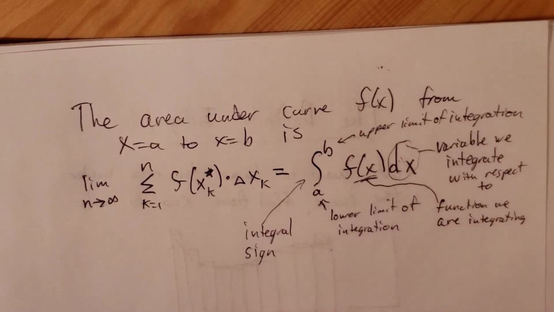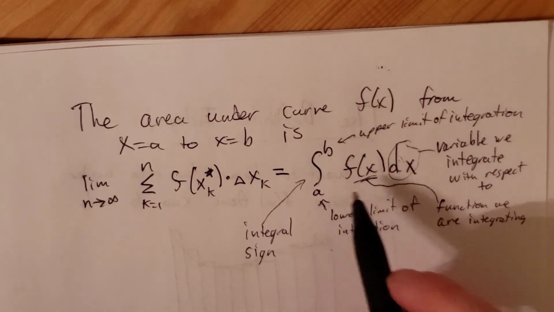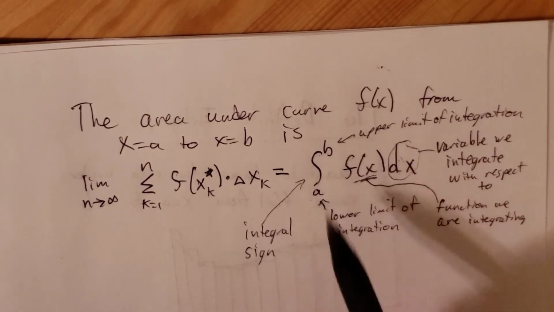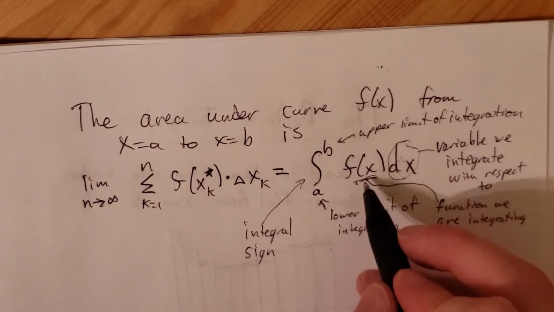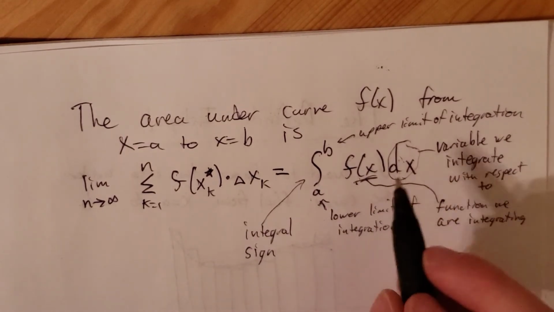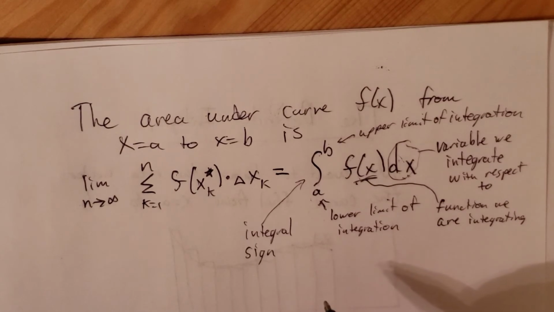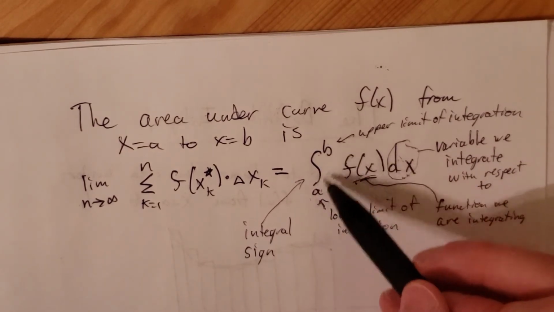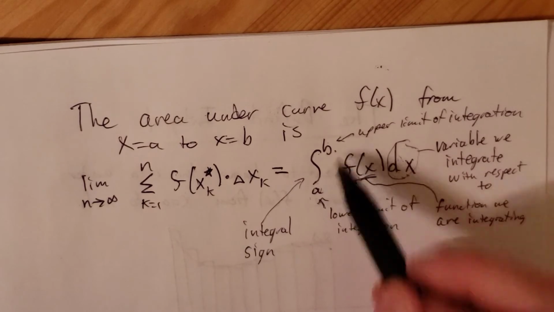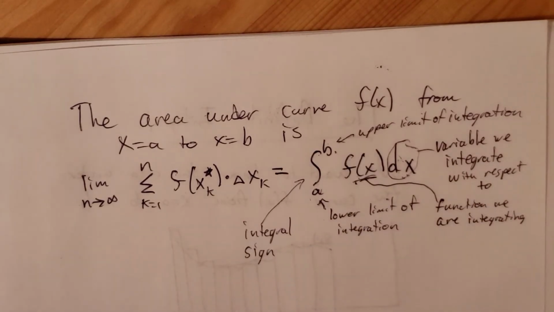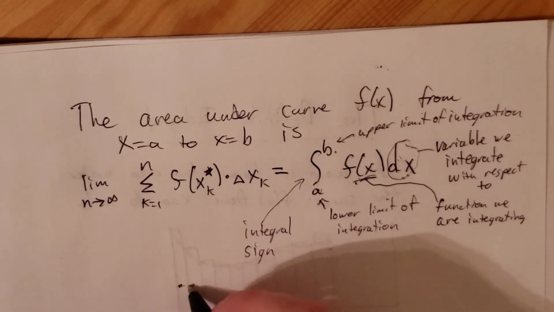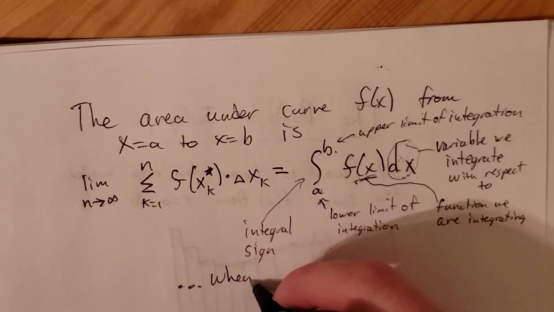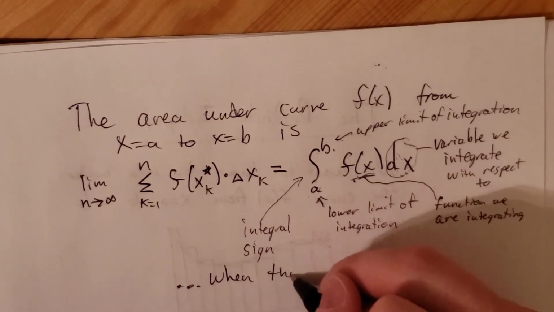It's sort of what this notation means, but you should just think of it as the definite integral from a to b of f of x dx, where f of x is the function we're integrating, dx just is notation to tell us what variable we are integrating with respect to, and the bounds or limits on our integration are from a to b here. And this is, of course, true when this limit exists.